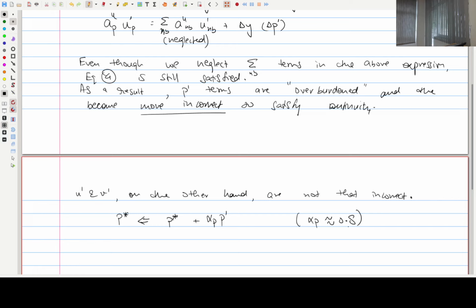And this is a typical value. A value larger or smaller than that may work in your problem. This is just a typical value I'm giving.